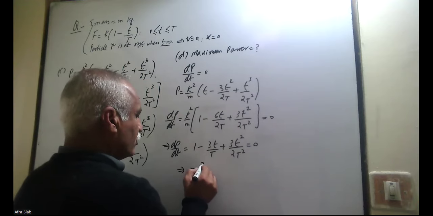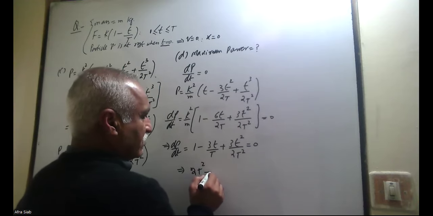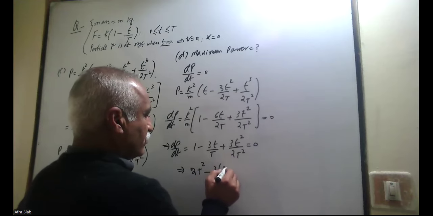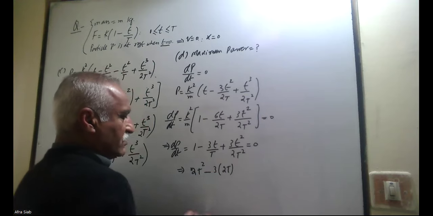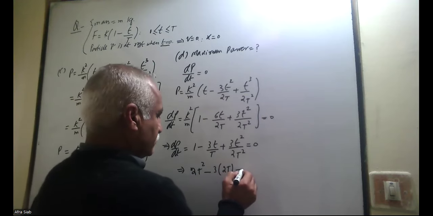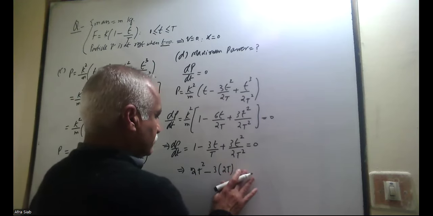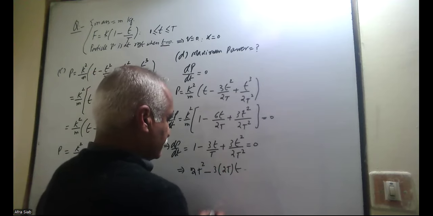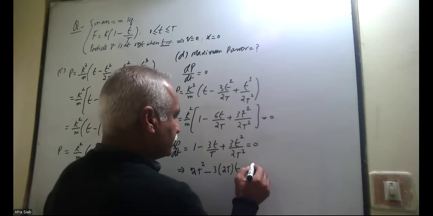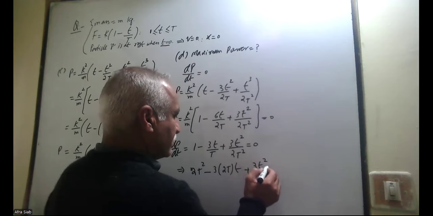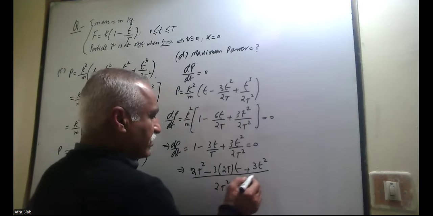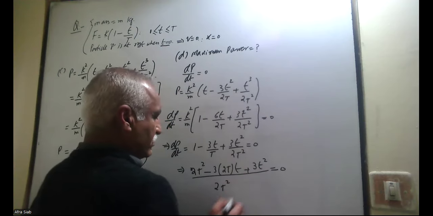So it should be equal to 2T square minus 3 into 2t into T plus 3t square, whole divided by 2T square, and that thing is equal to 0.